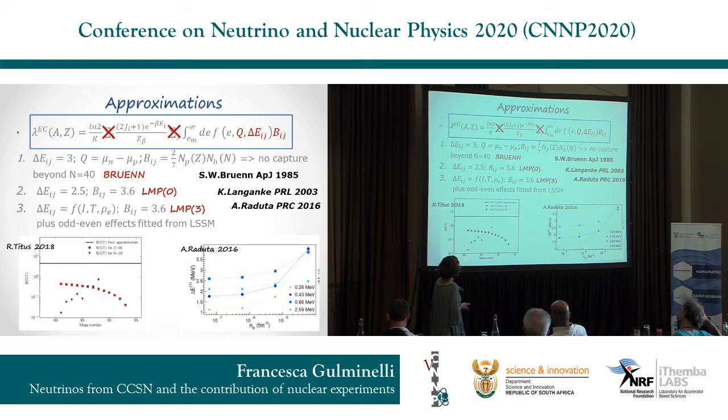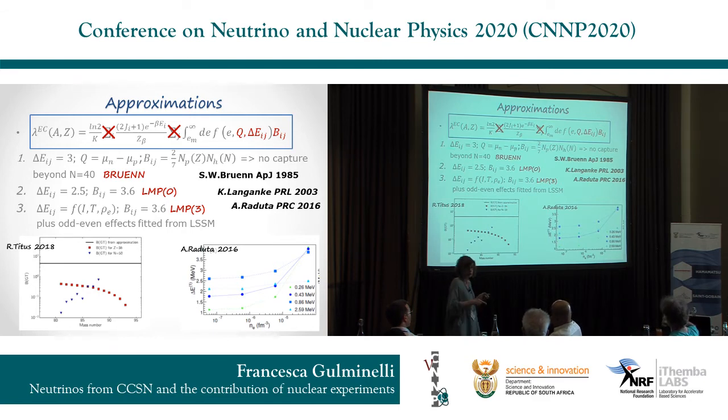The original historical way of doing that is these Brun rates, where the matrix elements were calculated from the elementary single particle shell model, which implies that there is no capture beyond N equal 40 because of the gap. And this was the standard in the 80s, 90s, and early 2000s. Since the early 2000s, the new standard is this expression over here, which was proposed by Karl-Heinz in 2003, and which is a sort of fit of the microscopic rates.